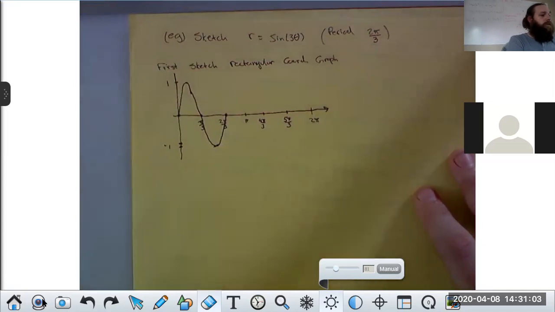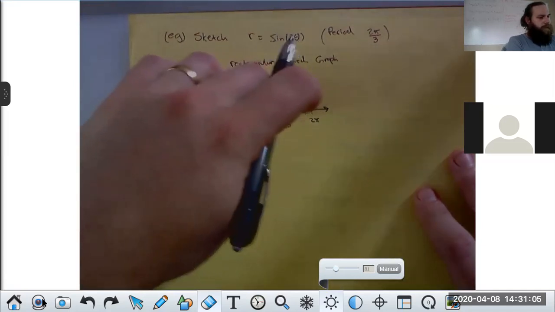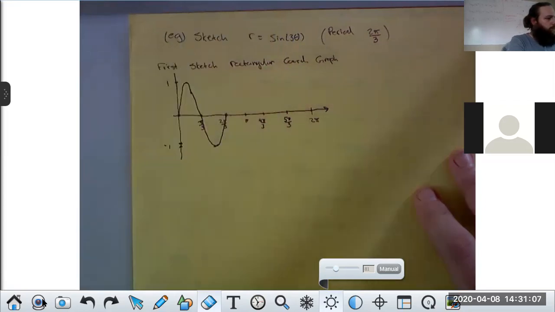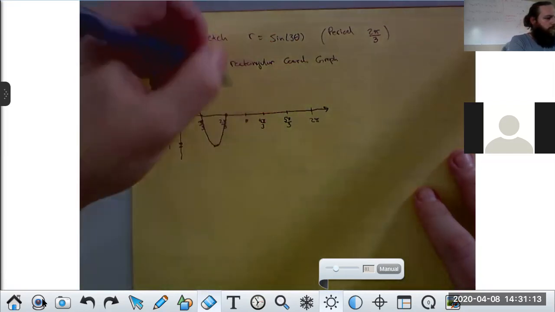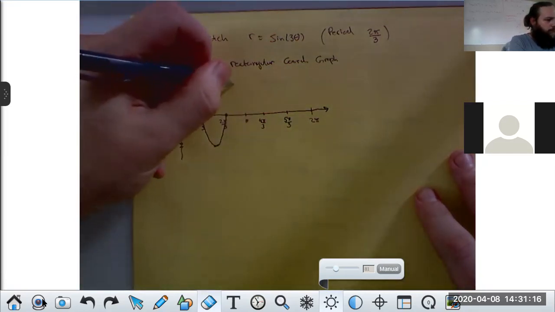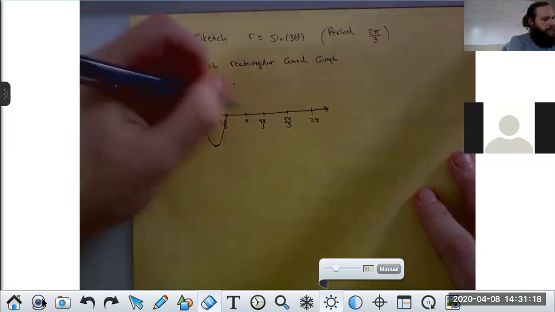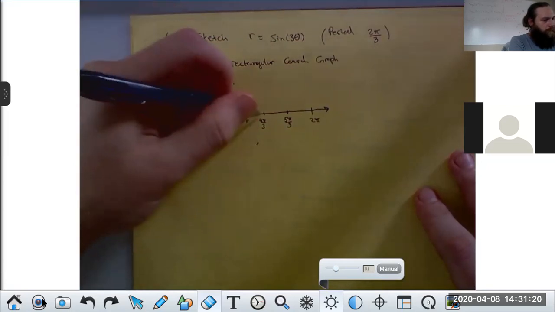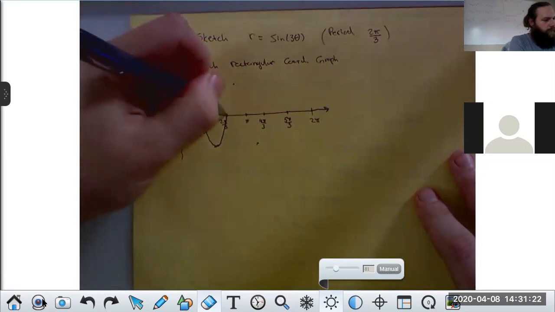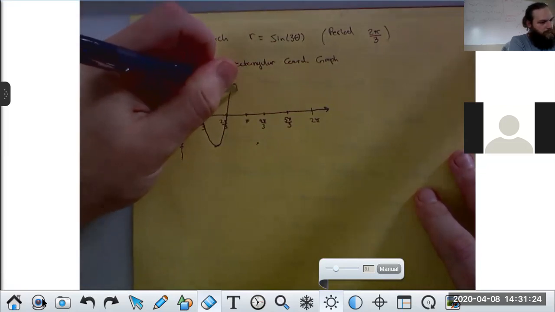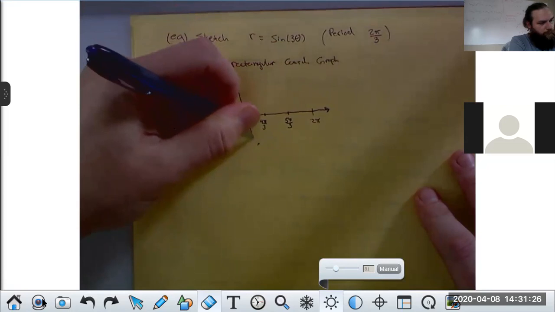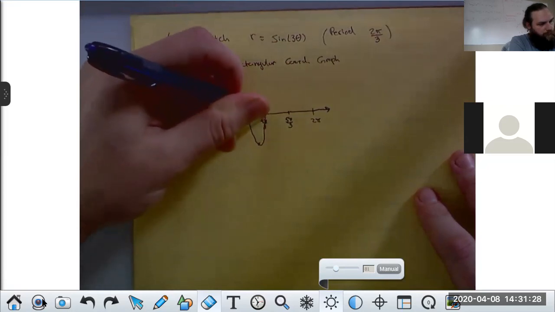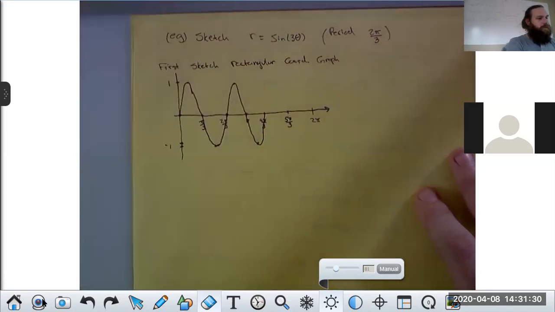And then I look at the next interval of length 2 pi over 3. That's going to get me to, let's see, 1 pi over 3, 2 pi over 3, 3 pi over 3. Oh, it's going to get me to here. So we're going to come all the way up, back through here, all the way down, and back to here. I didn't mark things out perfectly evenly on my horizontal axis, so this is going to look a little bit squished, but you can see what's going on.